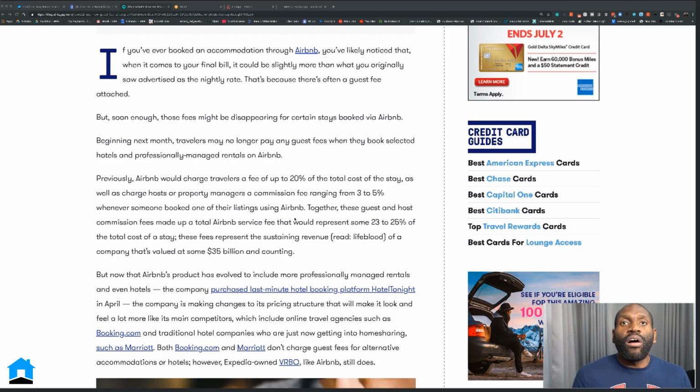And all in, it ultimately adds up to around 12 to 15% is what the guest ends up paying. What they're saying is that instead of itemizing or calling it a guest fee, what they're now saying, or at least the PR behind the move, is to communicate to their customers that we're now going to charge the operators, the hosts, that fee.